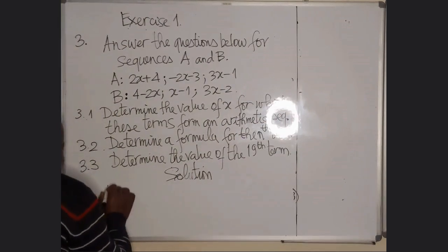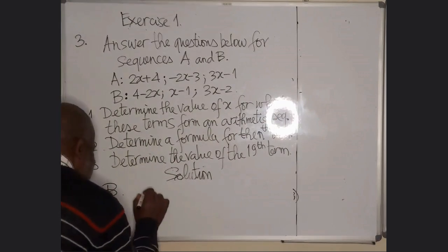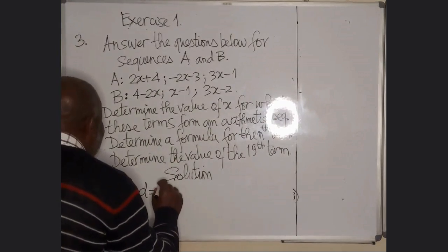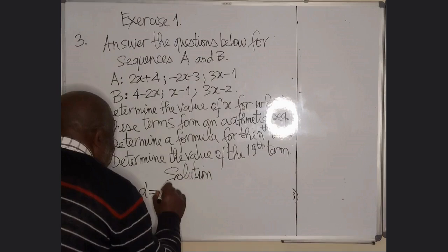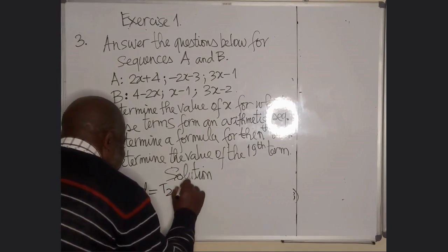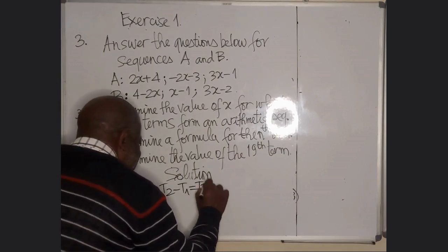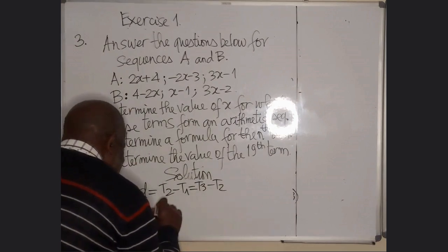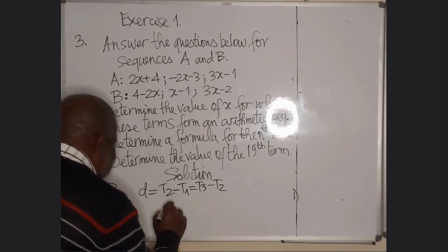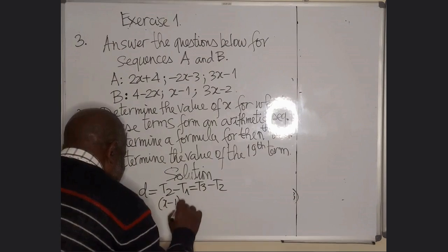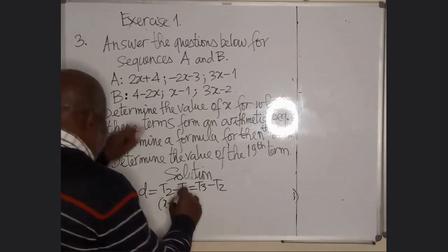So B, D is equal to T2 minus T1, going to be equal to T3 minus T2. So we'll be having T2 is x minus 1 minus 4 minus 2x.